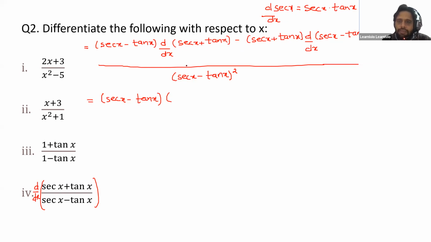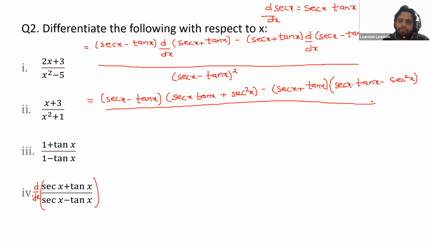So when we differentiate sec x plus tan x, we get sec x tan x plus sec square x, minus this sec x plus tan x. Now, when we differentiate this one, we get sec x tan x minus sec square x, in the denominator sec x minus tan x whole square.